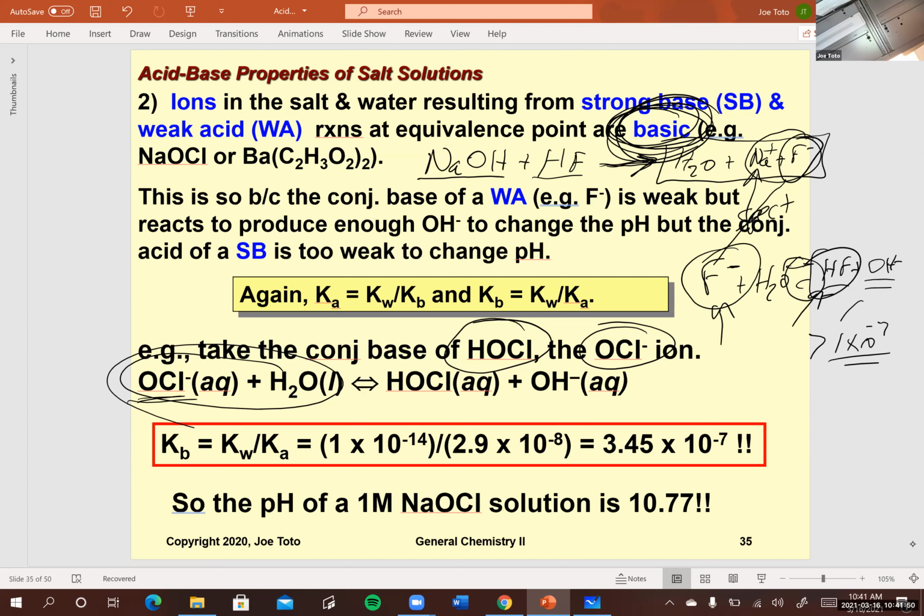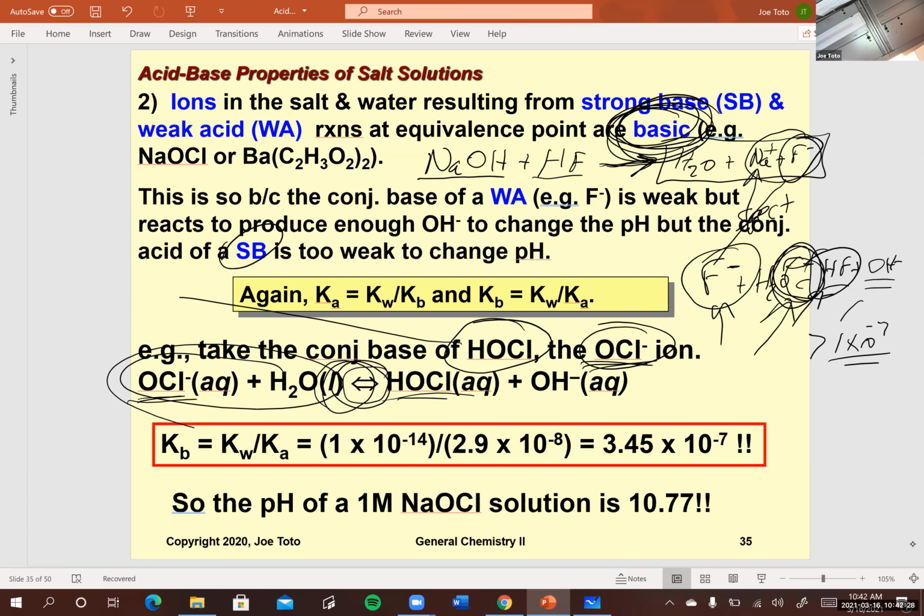Between this weak acid and a strong base, I don't care what the base is, sodium hydroxide, calcium hydroxide, barium hydroxide, whatever, then I'm going to get a spectator cation, and this conjugate anion that's not a spectator because it's the conjugate of a weak acid, and it will engage in an equilibrium, just like we said F minus would up here.